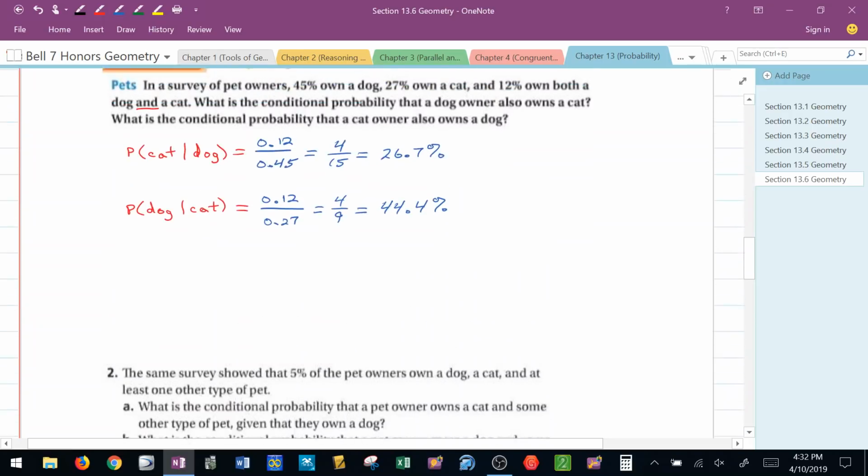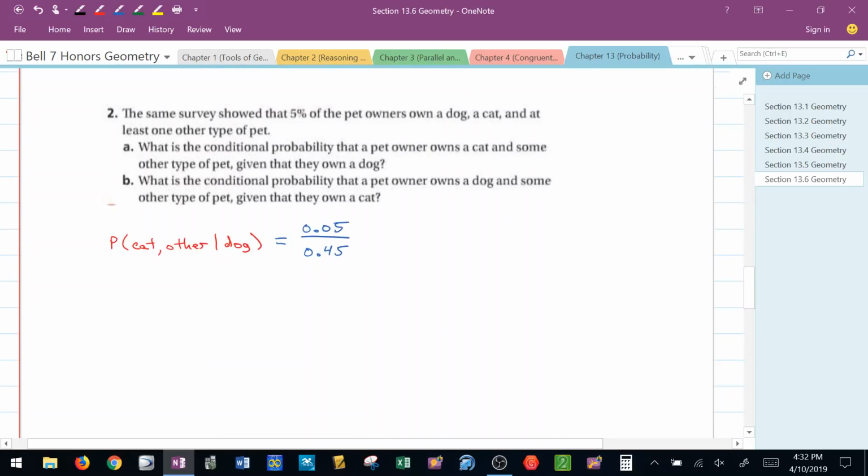Let me look up there. Yeah, 45% own a dog. So if I simplify this fraction right here, it simplifies to 1/9. And again, if I wanted a percentage, since the question is given in percentages, I might say that this is 11.1%.